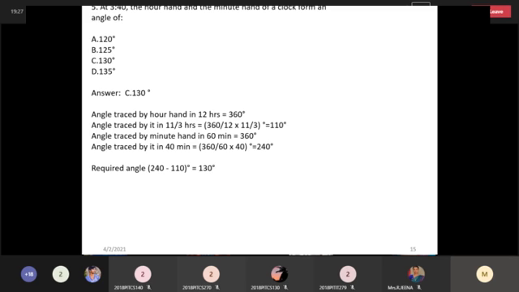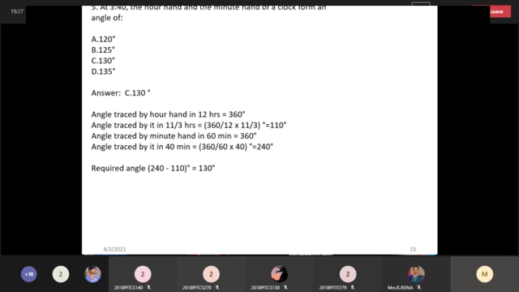At 3:40, the hour hand and minute hand of a clock form an angle of 120, 125, 130, or 135 degrees. The angle traced by the hour hand in 12 hours is equal to 360 degrees. The angle traced by it in 11 by 3 hours is equal to 360 divided by 12 into 11 by 3 degrees, which is equal to 110 degrees.